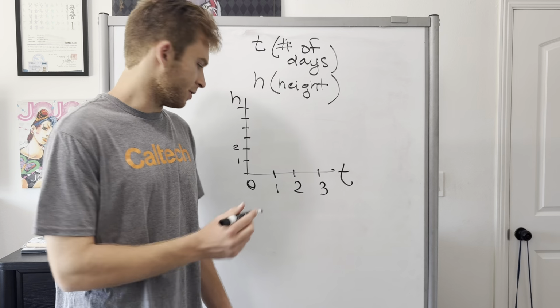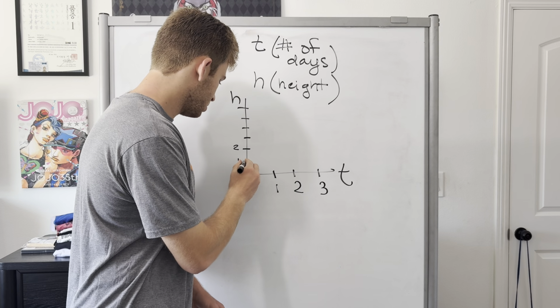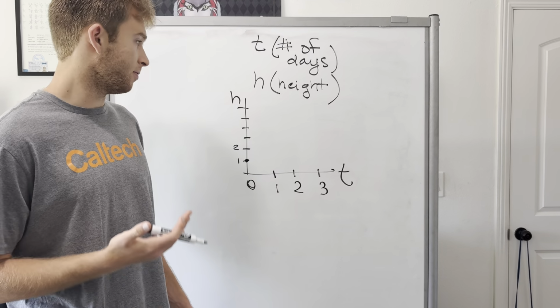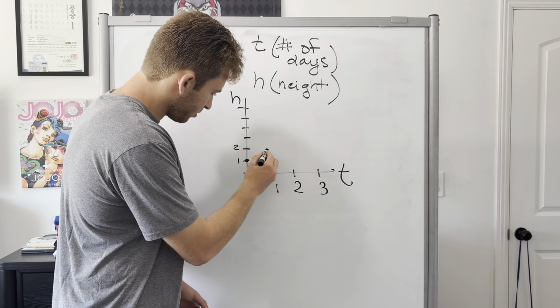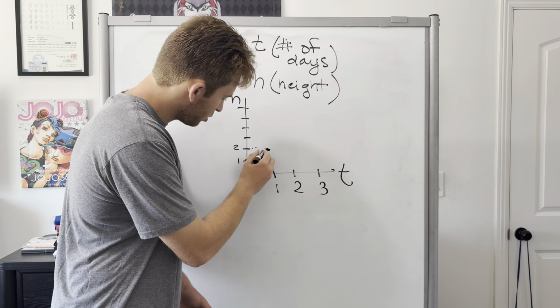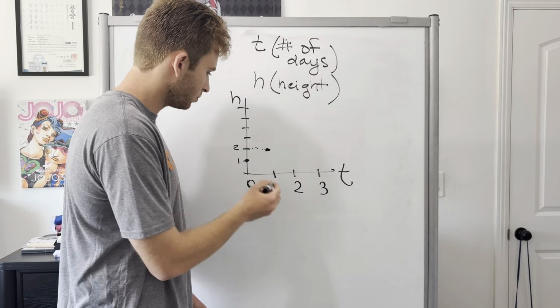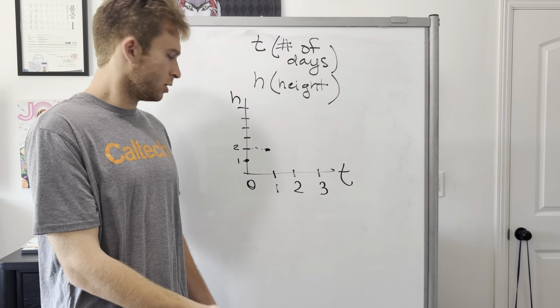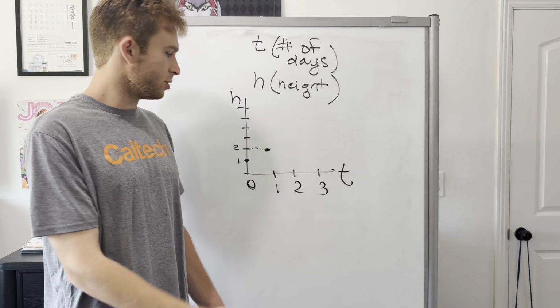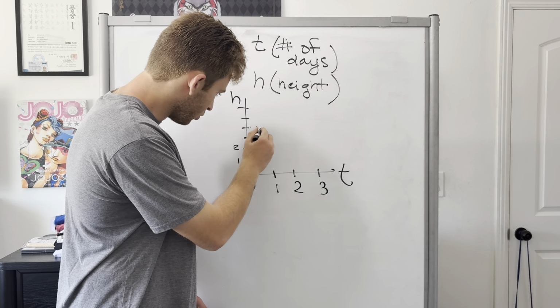So if I start at 1 foot tall, then I go 1 day, I multiply that by 2, and I get 2 feet tall. And then after 2 days, so I go from day 1 to day 2, and I multiply that by 2, so I go from 2 to 4.